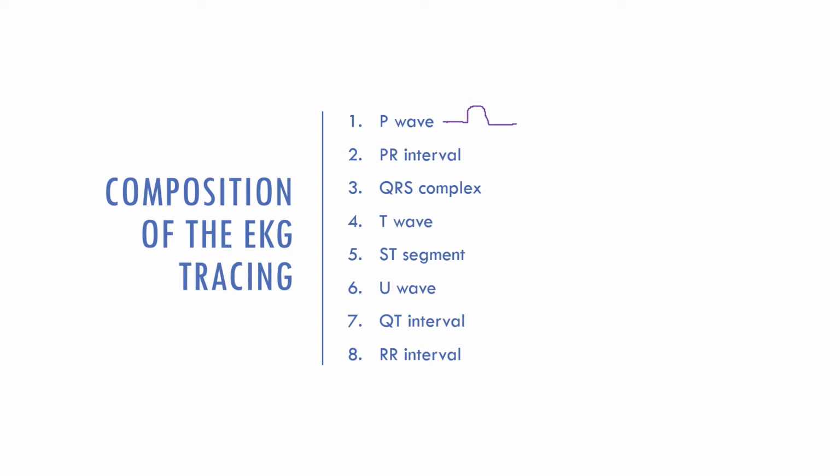Okay. Then you have your PR interval. The PR interval represents the time required for the impulse to travel through the SA to the AV node. So what you're seeing here is the P, which is not very straight and pretty, but it's supposed to be perfectly straight.